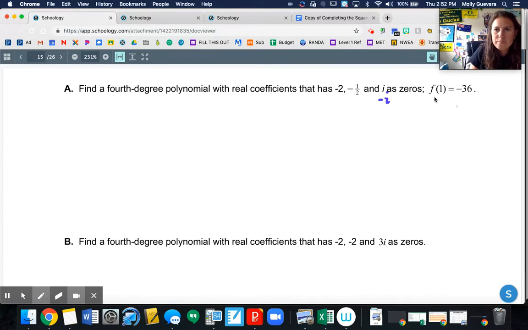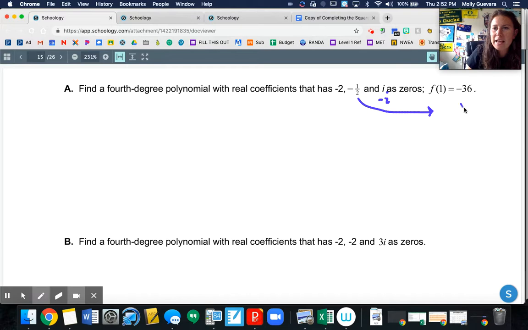Okay? And then I'm also told that if I plug in 1 into this equation, I get -36. So it's being very specific about what it wants. But I want to talk about this really quickly.